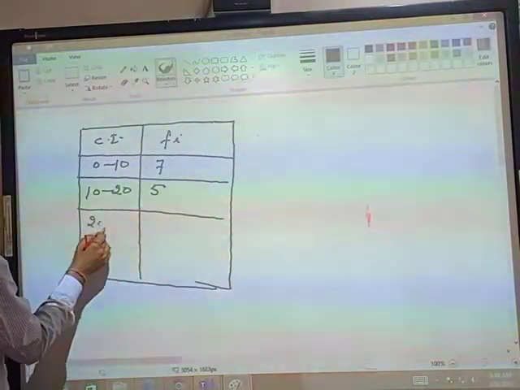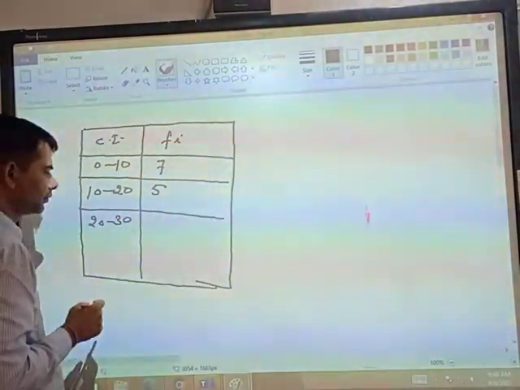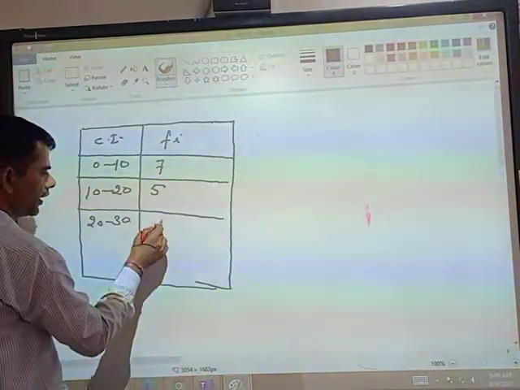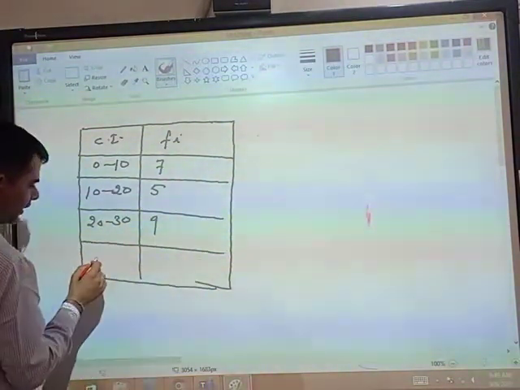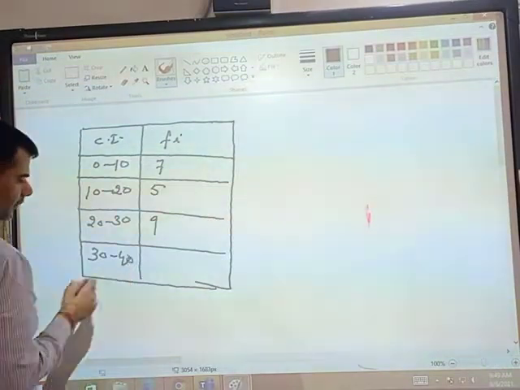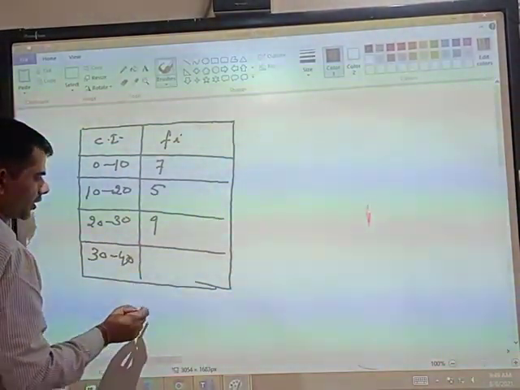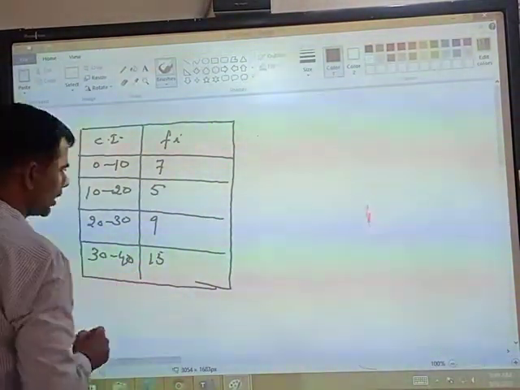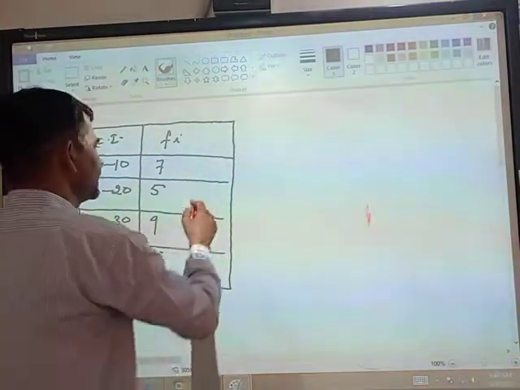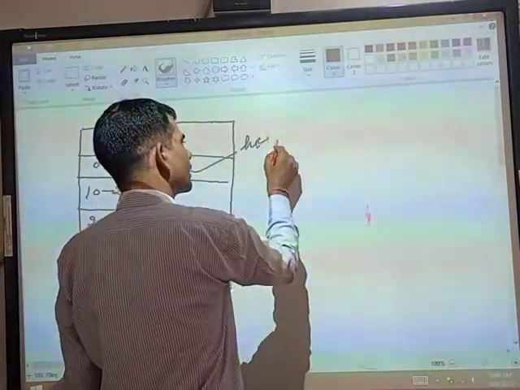And 20 to 30, how many students? 9 students. And 30 to 40, how many students? Suppose 15 students. Now we have to represent this data in a histogram.